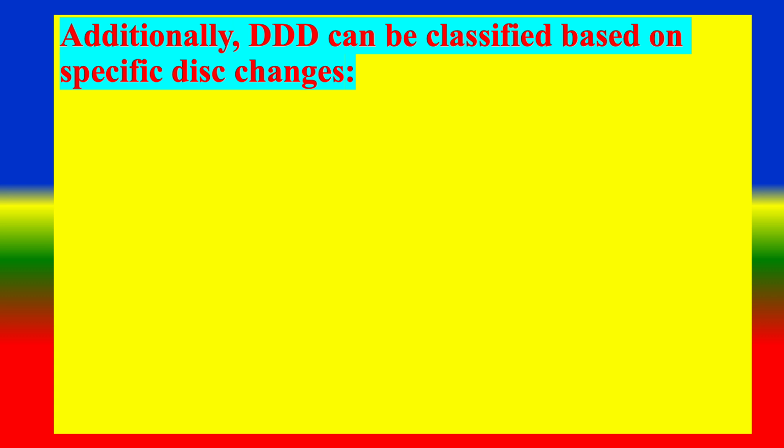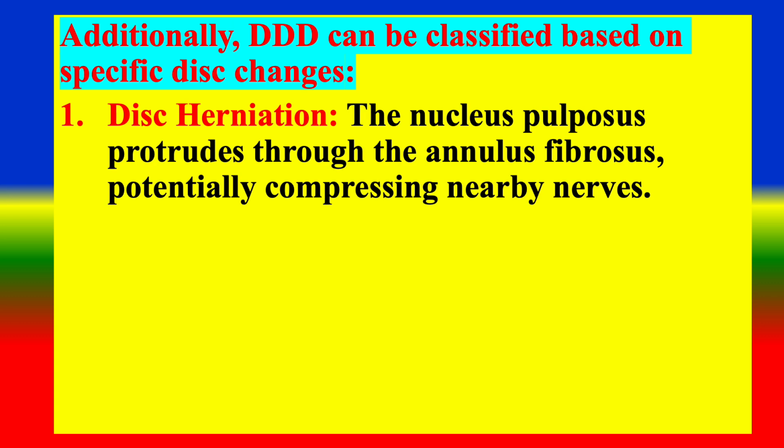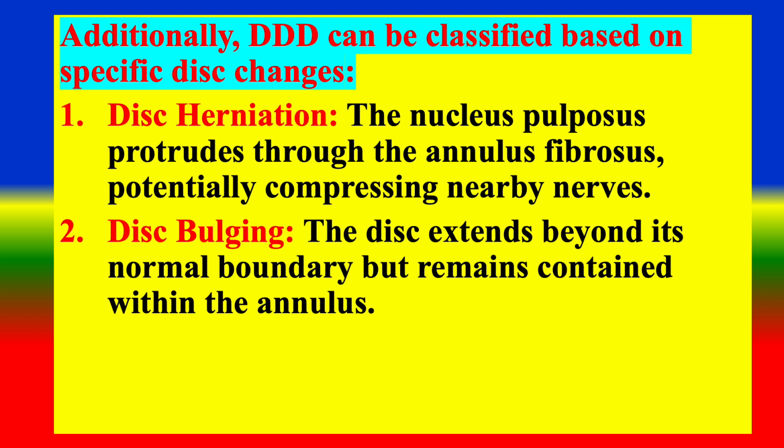Additionally, DDD can be classified based on specific disc changes. 1. Disc herniation, the nucleus pulposus protrudes through the annulus fibrosus, potentially compressing nearby nerves. 2.